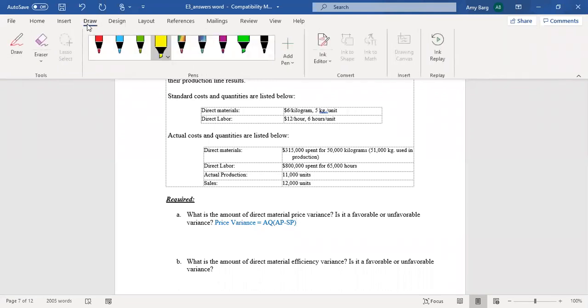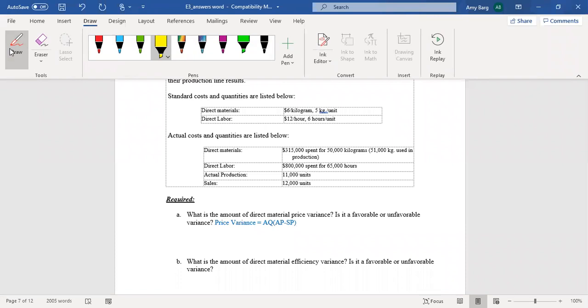In the question, it tells us the actual quantity purchased. For a materials price variance, we want the actual amount purchased, not the amount used. We want to know if the purchasing manager is doing a good job, so we have to use the amount that's actually purchased.